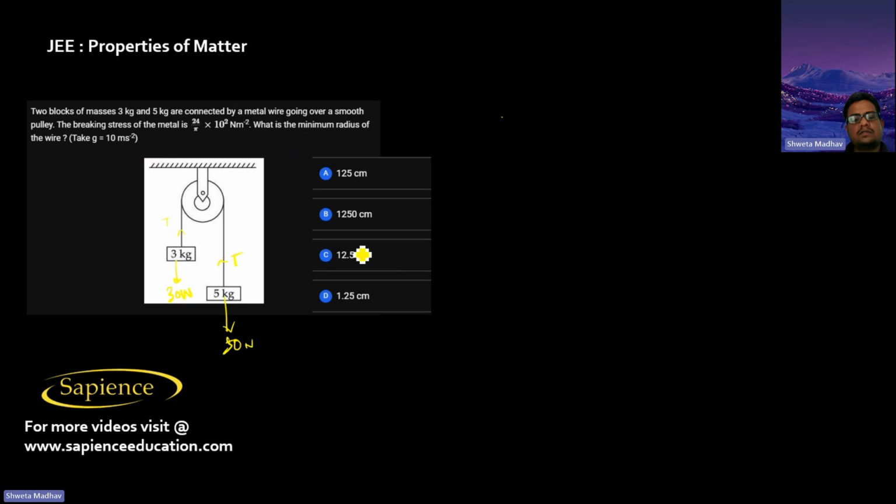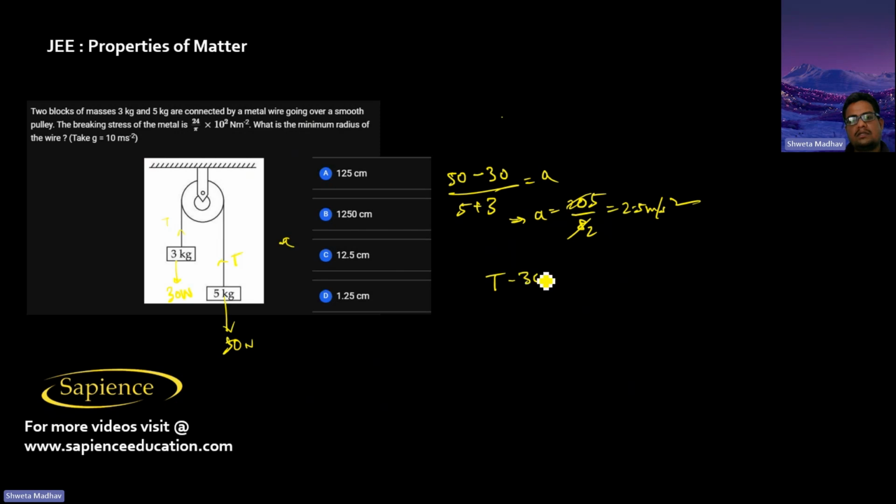Therefore the acceleration of the system will be (50 minus 30) by (5 plus 3), which is 20 by 8, that is 2.5 meter per second square. Now we can say that T minus 30 is equal to 3a, 3 into 2.5. So therefore T will be equal to 37.5 Newton.